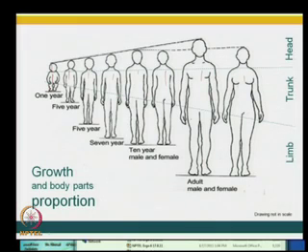And it is specifically seen that till the 10th year, between the male body and the female body, not much difference is seen, and after that due to puberty and so on, the body figure type changes.